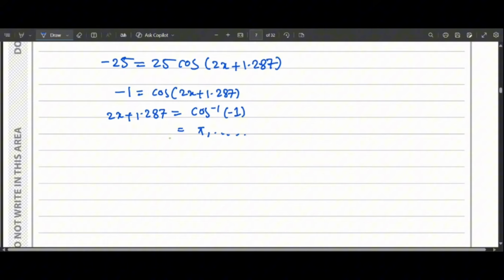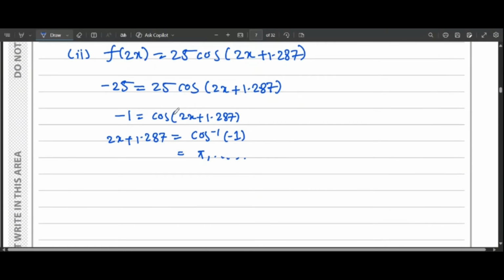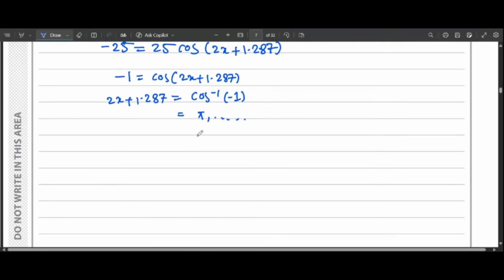As we are told to find the smallest x value for which this minimum value of g(x) occurs, we only have to use pi. We do not need to find any other values for which cos x is minus 1. We just need to use the value pi.